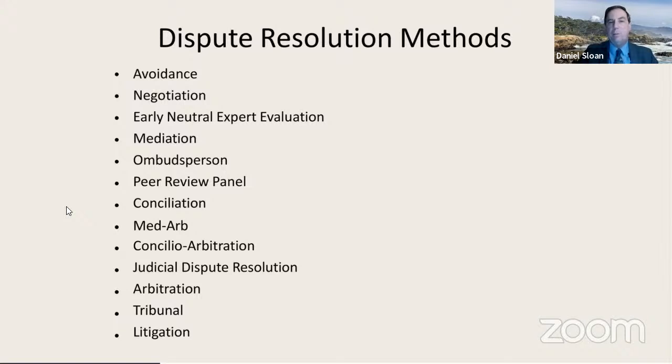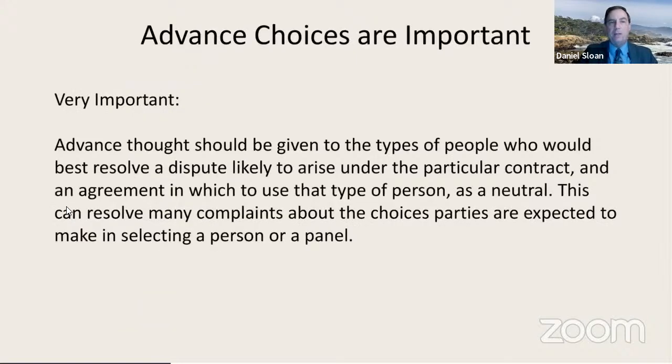So there's quite a range of topics that could fit into the ADR model. And I'm not sure how many of those you use in your system, but it's quite extensive. So very important whenever we're talking about ADR is how to prepare for this in advance.